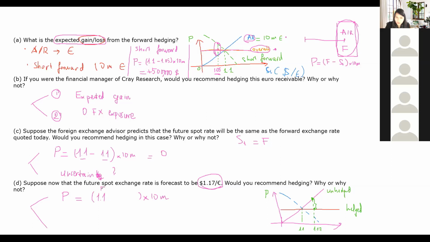For a short forward contract, it's going to be F minus SD, with SD equal to 1.17 in this case.